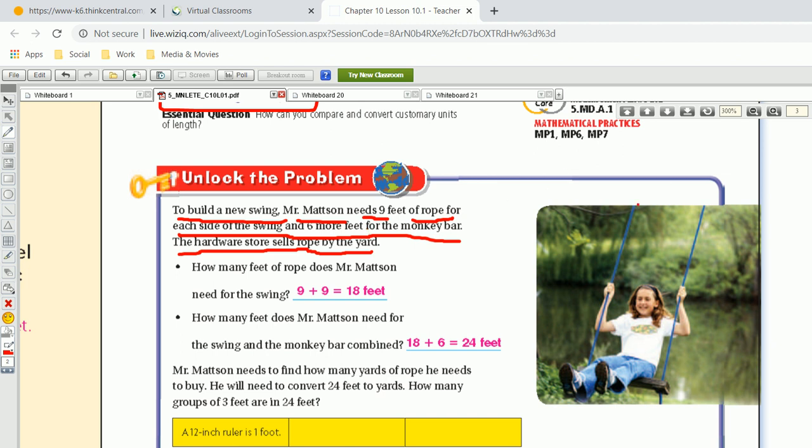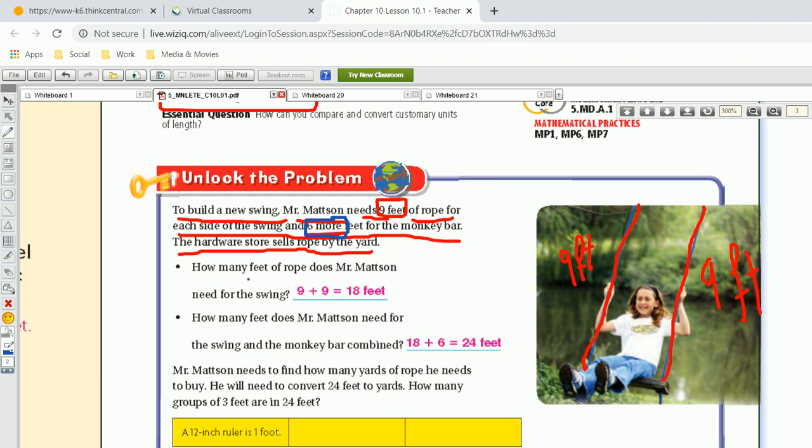This side of the swing equals 9 feet, and the other side is the same length, 9 feet. Then we have an extra 6 feet for the monkey bar.